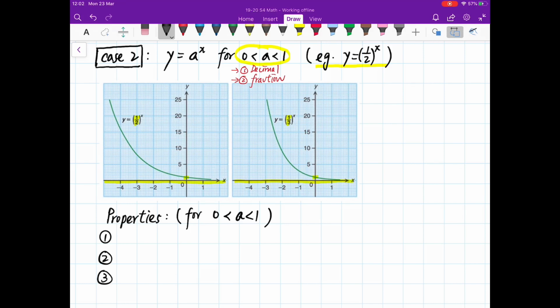For the case that a is between 0 and 1, the larger the a, the flatter the graph. And the second and third properties are the same as case 1.